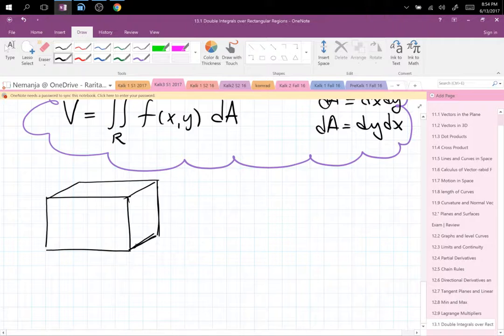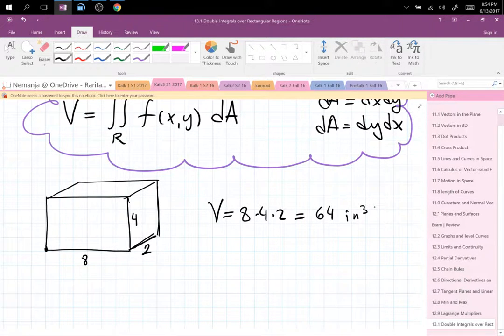They give you the dimensions of the box, that this side over here is 8, and this side is 2, and this side is 4. And they memorize the equation that it's 8 times 4 times 2, which is very good. Let's say inches cubed, whatever. But you are a tutor now, and the kid asks you why.